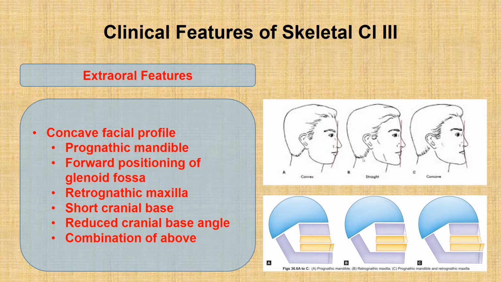It may be due to a retrognathic maxilla or a short cranial base. Now, the cranial base angle also has an effect on the position of the mandible. And the Class 3 can also result from a combination of any of these factors.